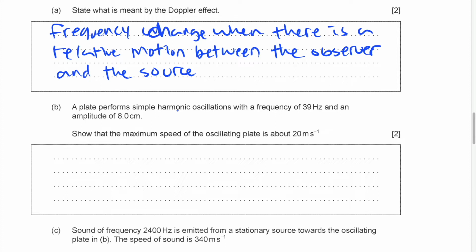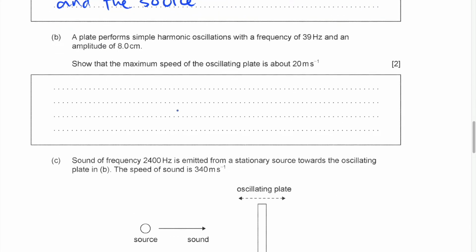A plate performs simple harmonic oscillations with a frequency of 39 Hz and an amplitude of 0.8 centimeter. Show that the maximum speed of the oscillating plate is about 20 meters per second.